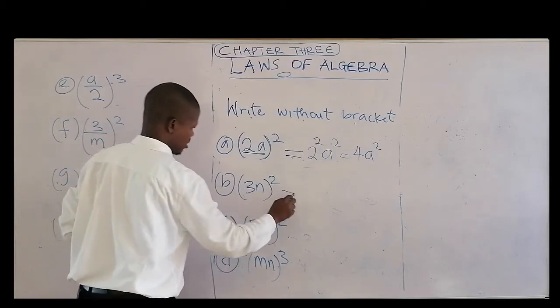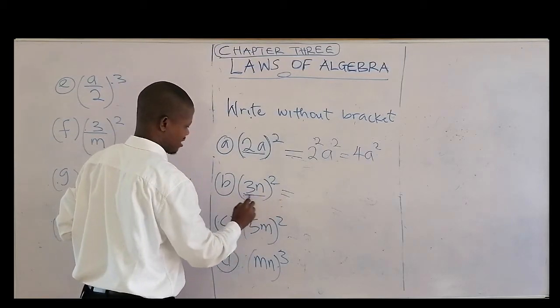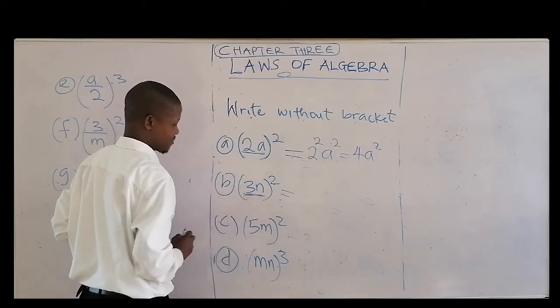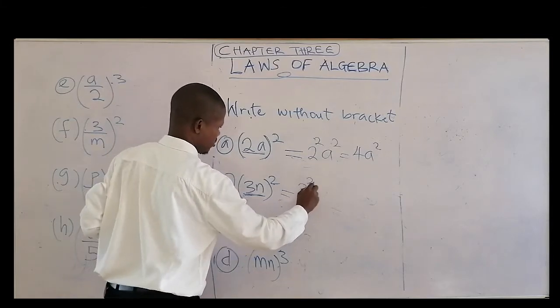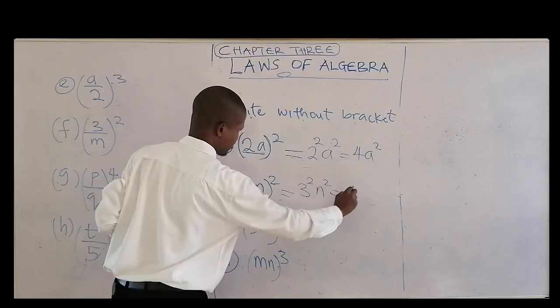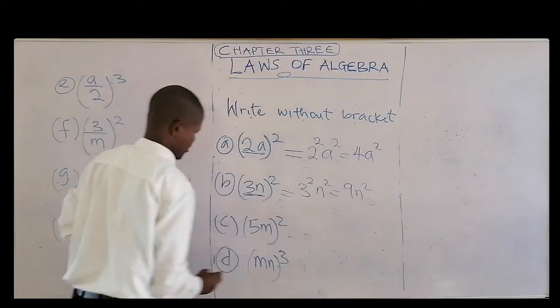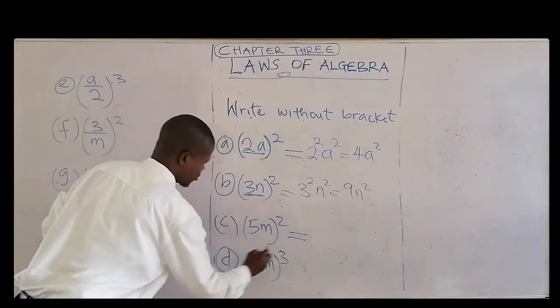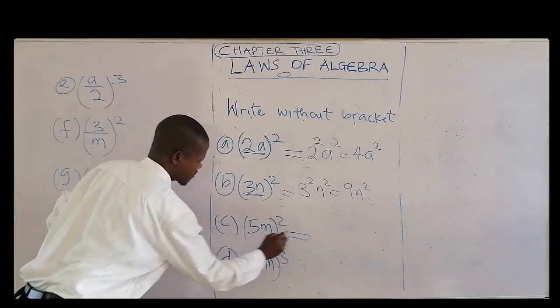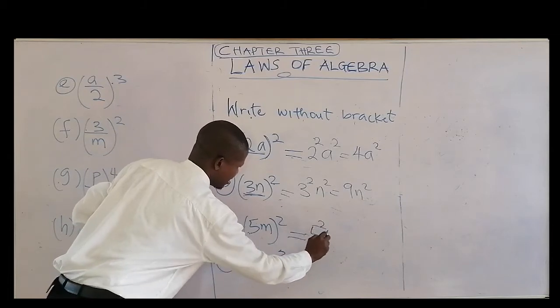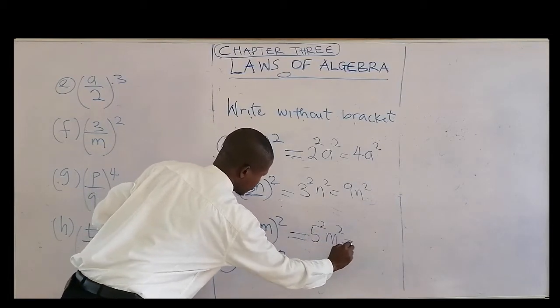This one also, the power will affect the contents of the brackets: 3 to the power 2, and then n squared, which is 9n squared. The third one, same thing, 5 squared and then n squared.